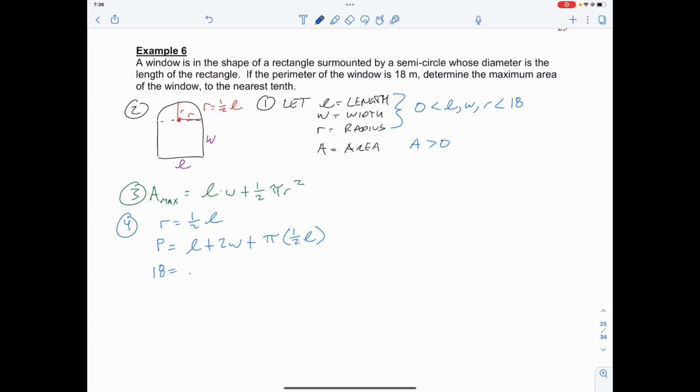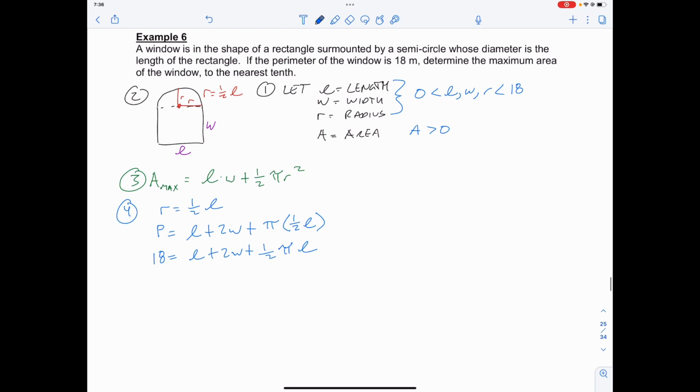If the perimeter is 18, then I'm just going to try and isolate for one of the variables. And in this case, I'm going to isolate what W is.